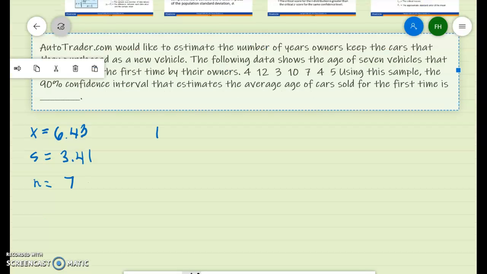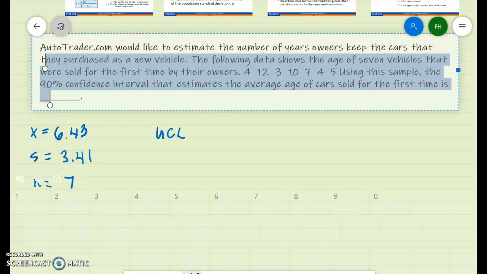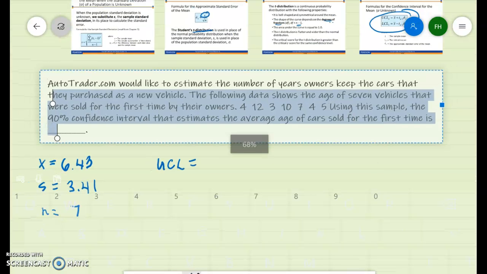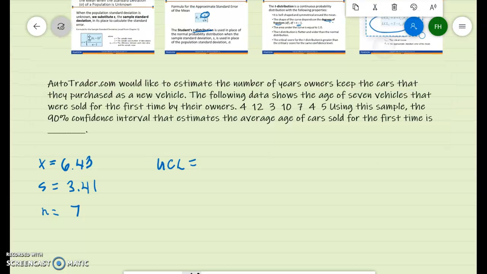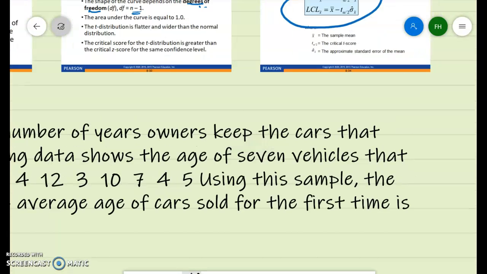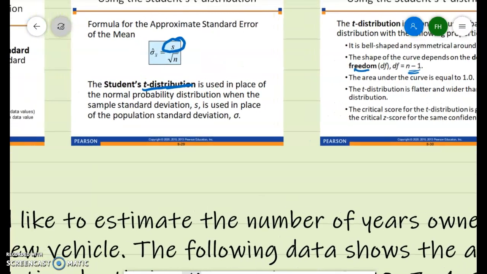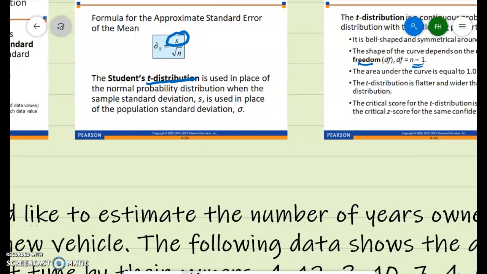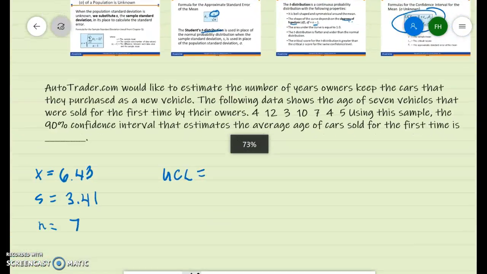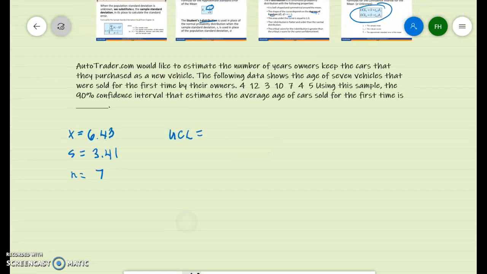Okay, so for our confidence intervals, we have an upper. Let's do the upper first. So our formula up here is x bar plus our t-value times our standard error. So let's go ahead and get the standard error of the mean, which is s divided by the square root of n.